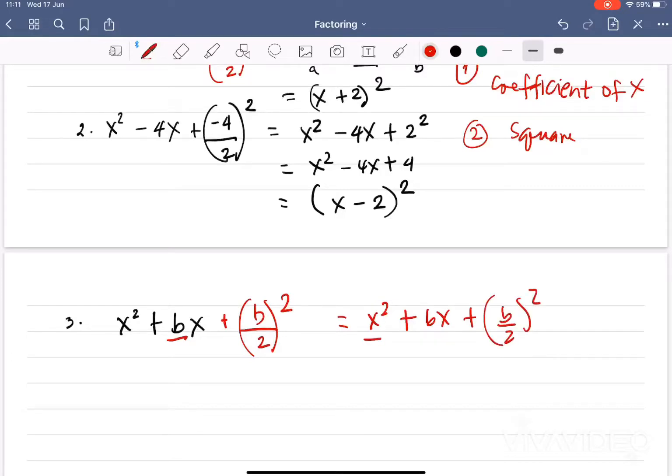This is your a, this is your b. When you multiply them together, you will get x times b over 2. When you multiply by 2, you get 2 times b over 2, bx. So you have now x plus b over 2 quantity squared.